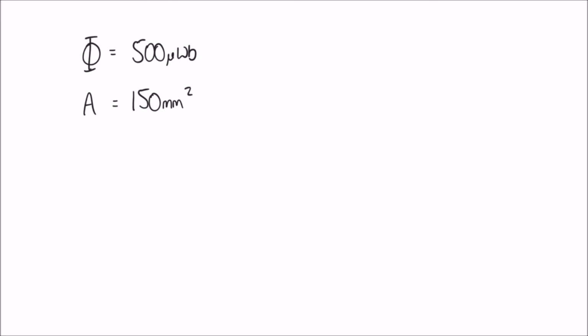So to calculate this, we're going to use our formula B equals phi over A. And in this case, we know that phi is 500 microwebers. Now we know our standard prefix micro represents 10 to the minus 6.